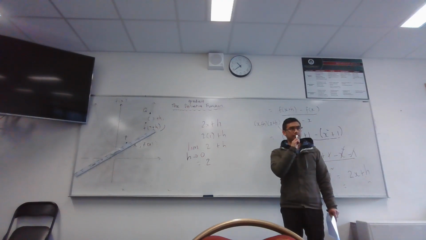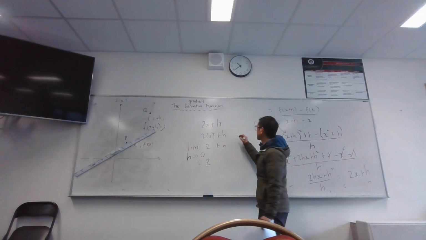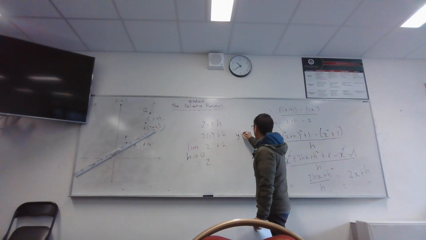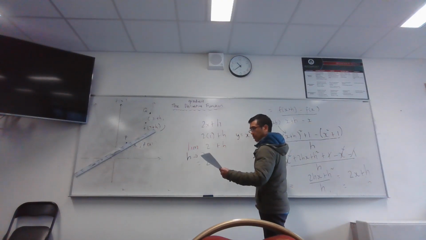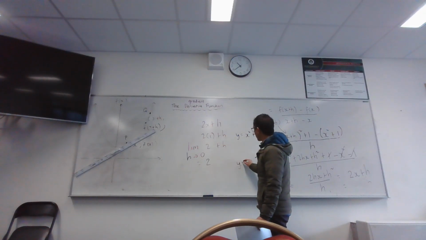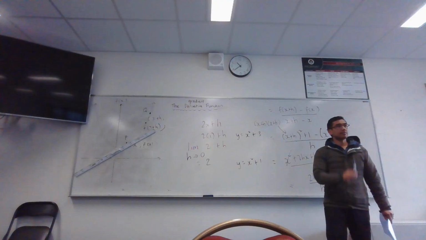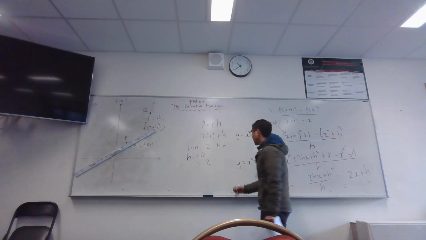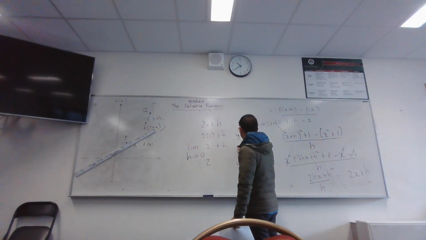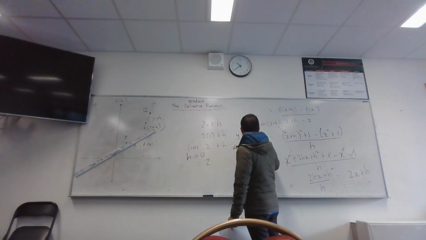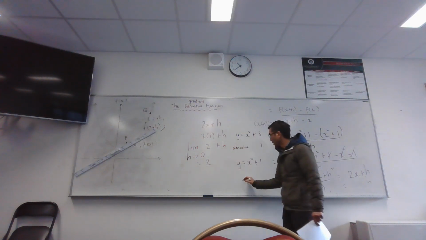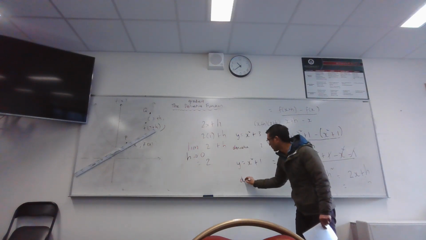Can anyone see a pattern? The first equation is x squared plus 3, and the second equation is x squared plus 1. The derivative for the first one was 2, and we've got 2 again.